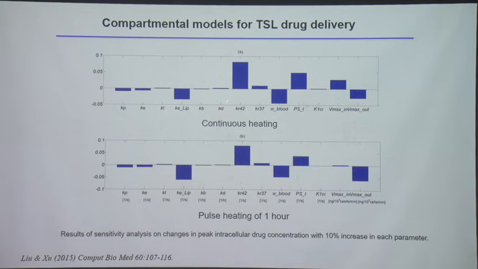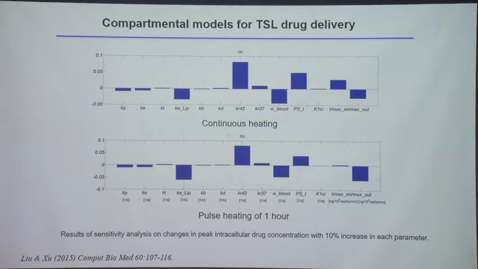What this means is that if you increase this by a certain percentage, it has quite a dramatic effect on increasing the peak intracellular drug concentration. Whereas this parameter is related to the blood perfusion rate, and if you increase the blood perfusion rate, it has a negative effect on the intracellular drug concentration.